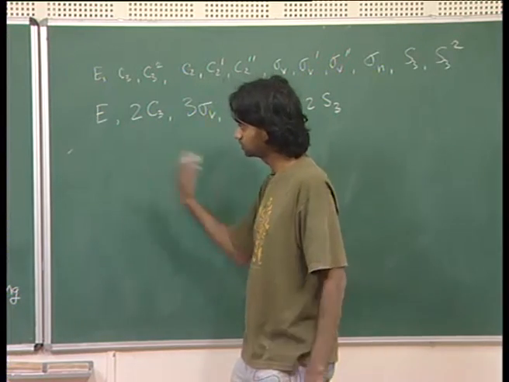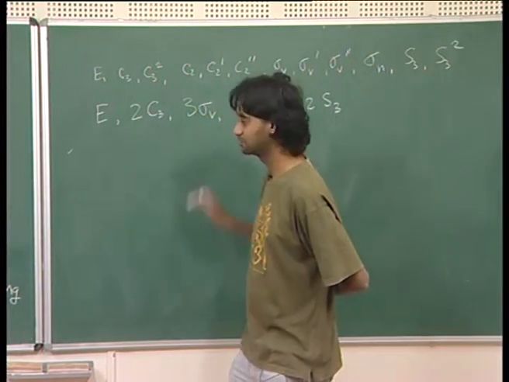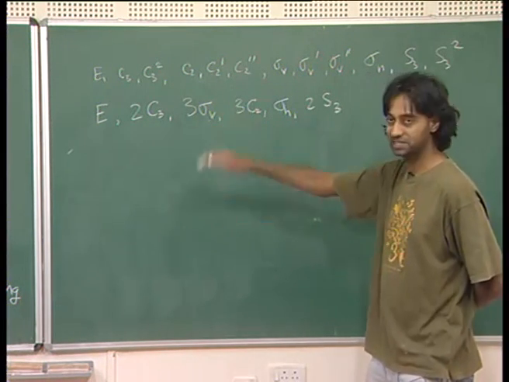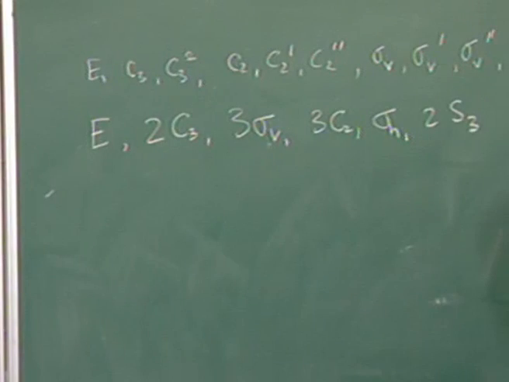So there is no difference between C3 and C3 square. If you look in a different coordinate system, C3 will look like C3 square. Similarly, if you look in a different coordinate system, sigma v and sigma v prime will look like each other.